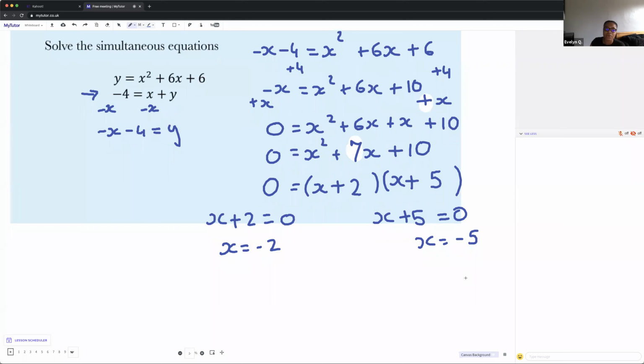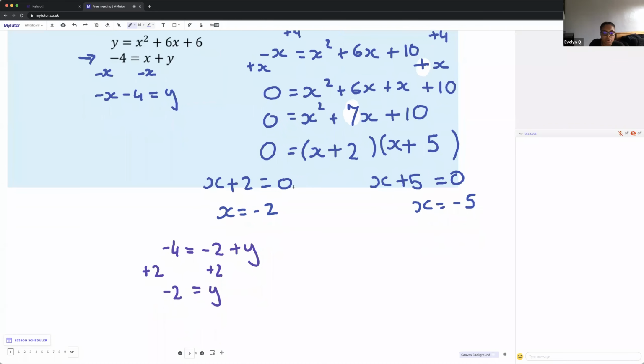And then I need to work out what my solution for y is going to be. So if I use that second linear equation, I'll use a different color for this just to make it a little bit easier to spot. So I've got minus 4 equals minus 2 plus y. If I get rid of that minus 2, I'm going to add 2 on both sides. So I've got minus 2 equals y when x is equal to minus 2.